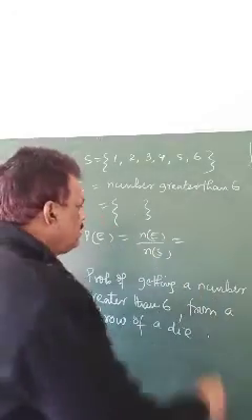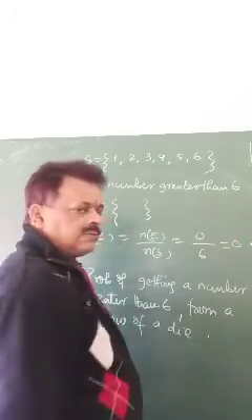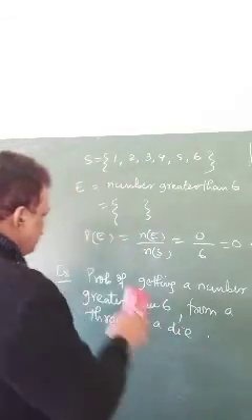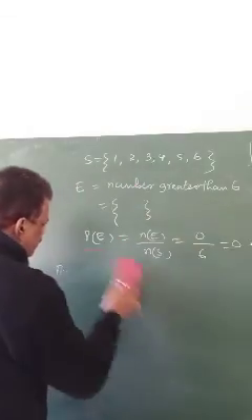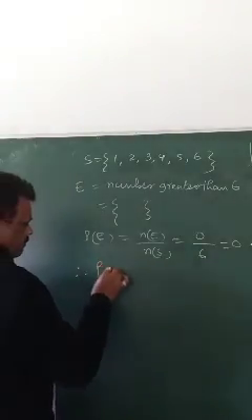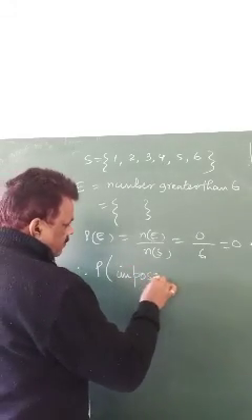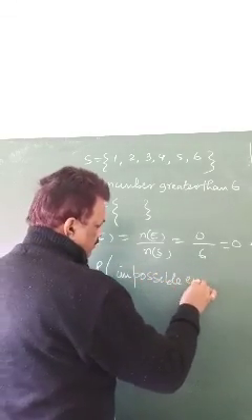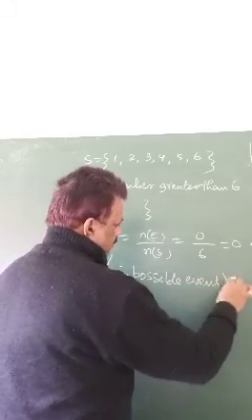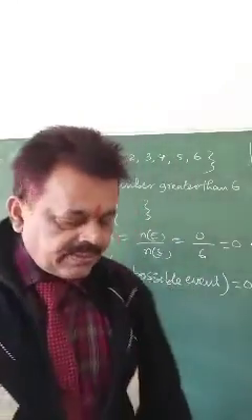No elements. So 0 by 6, 0. So the second formula you got: probability of an impossible event is 0. Okay, complement event.